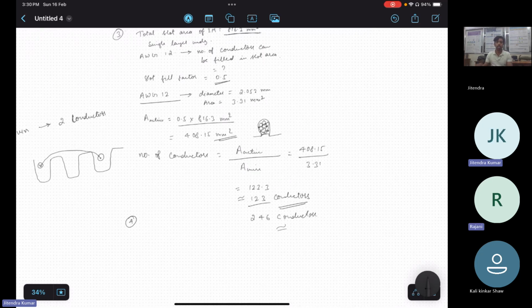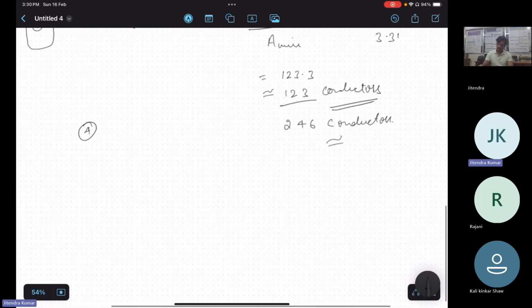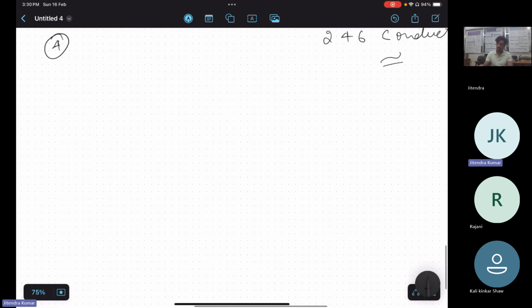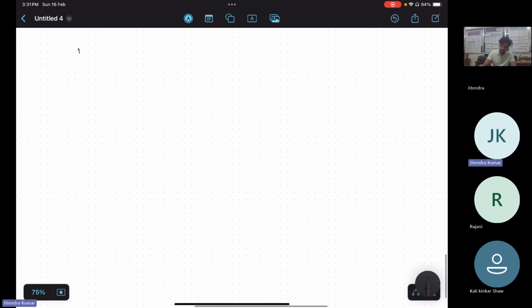So we are moving on to the fourth problem. We have to find the main dimensions. What do you mean by main dimensions?